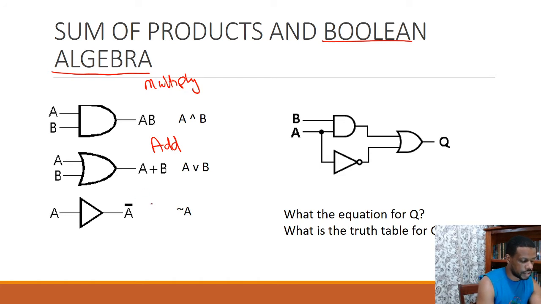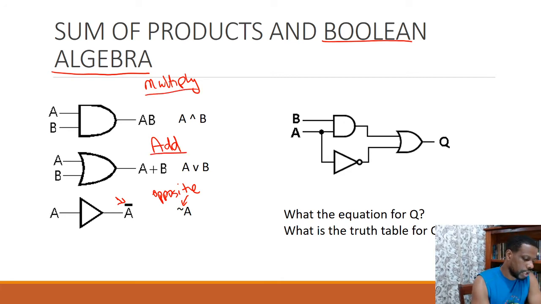And NOT is basically some sort of opposite. So NOT, you could represent with this little kind of thingy there, or you could represent it with a little tilde thingy there. One of the two.